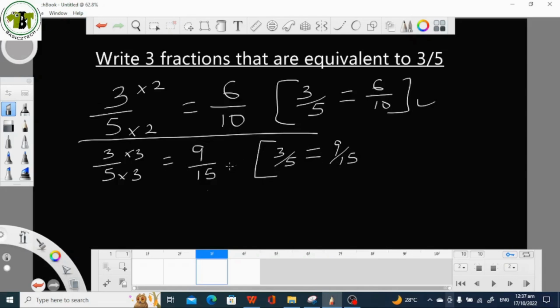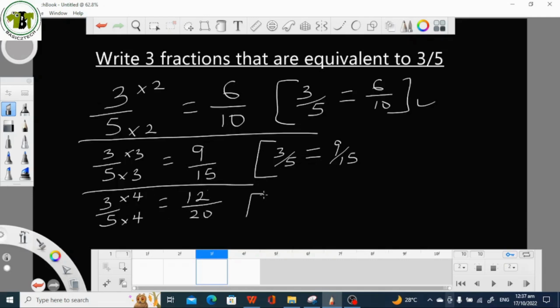The third one, we can use 4. So 3 over 5, we can multiply by 4, multiply by 4. That gives us 3 times 4 is 12 over 5 times 4 is 20.